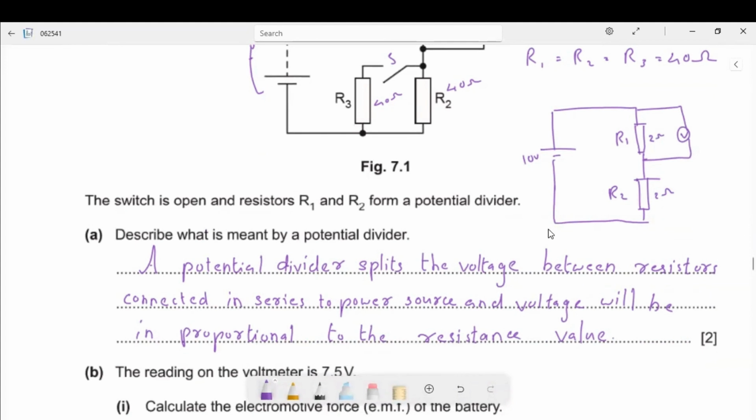The voltage will split depending on the resistance value. So a potential divider splits the voltage between the resistors connected in series to the power source, and the voltage generated across these components will be proportional to the resistor value. If it is the same, it is equally divided. If it is not the same, it will be proportional to the resistor value.